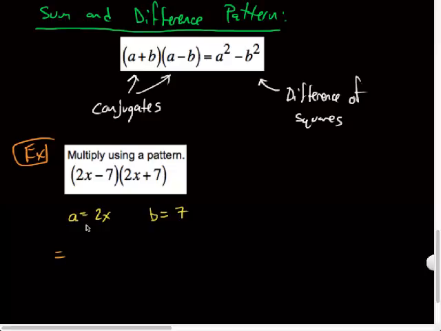It matches the pattern, so I'm just going to plug it into a squared minus b squared. So that means 2x all squared, minus 7 squared. 2x all squared would be 4x squared, minus 7 squared is 49.